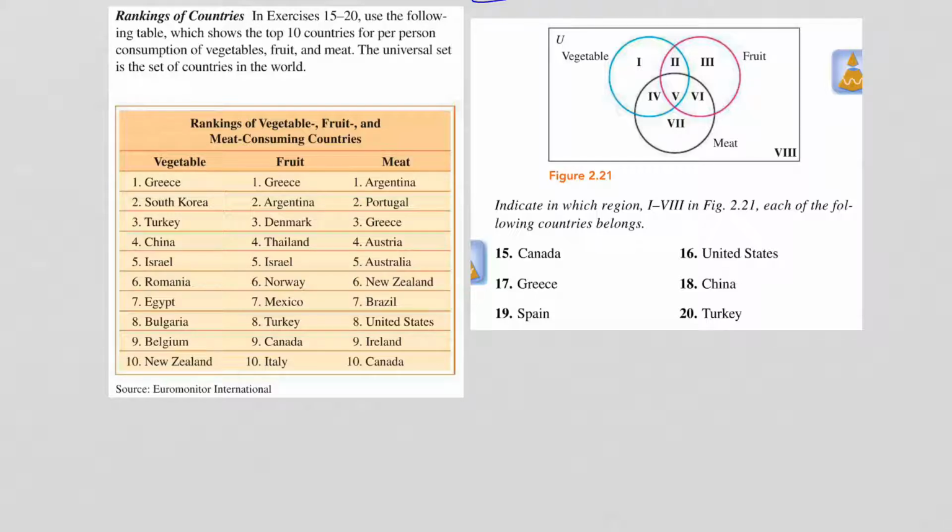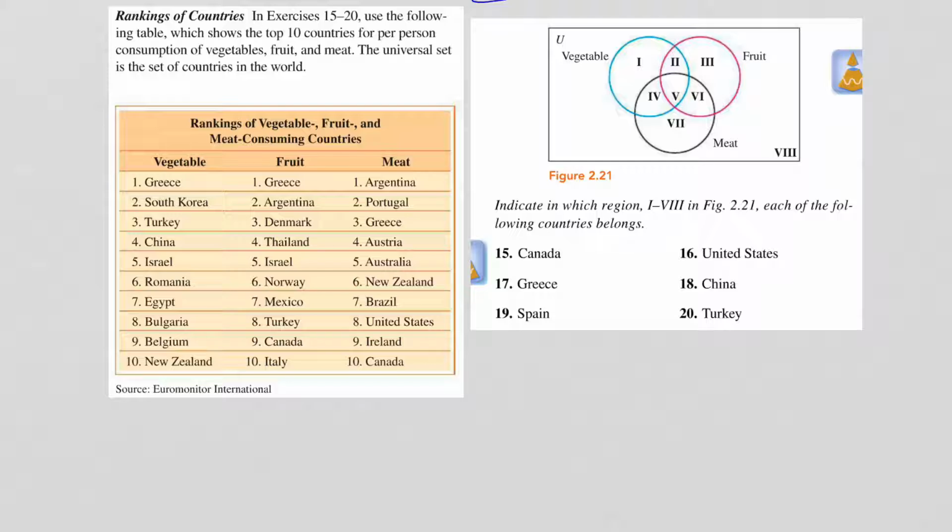Next we have 15 through 20, which takes a look at the rankings of countries in their consumption of vegetables, fruit, and meat. These are the top 10. The question is, we're going to do 16 through 20, and we're going to start with the United States.